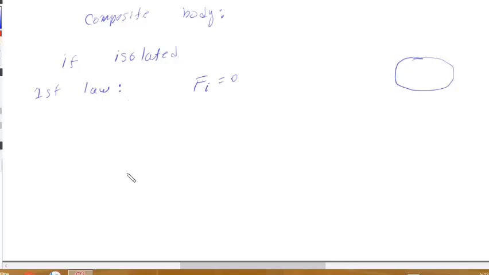Now Newton's second law states that the change in the momentum is the sum of the external forces on all of the Earth's constituent particles.